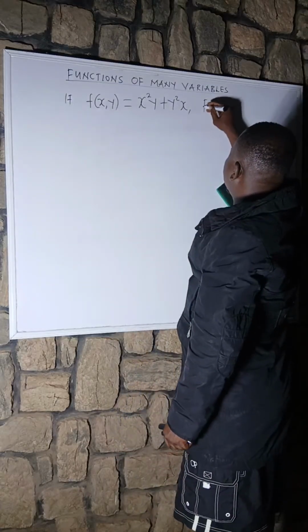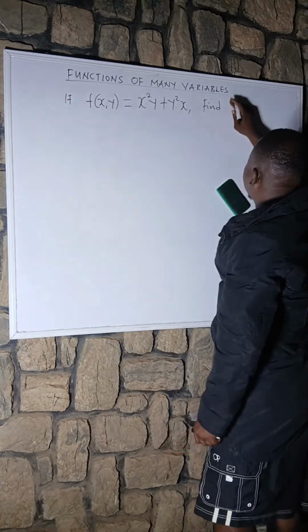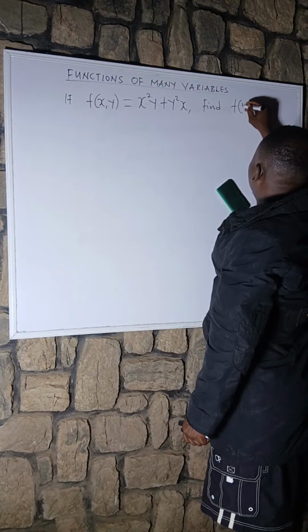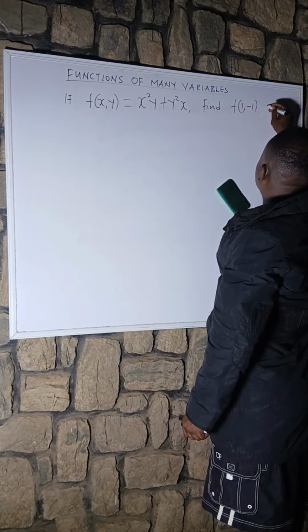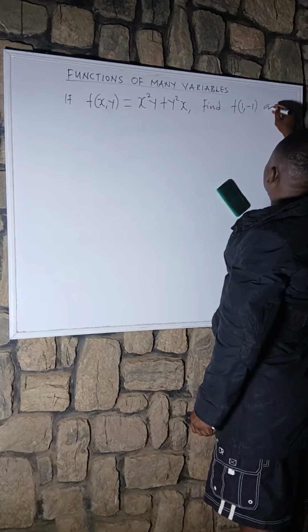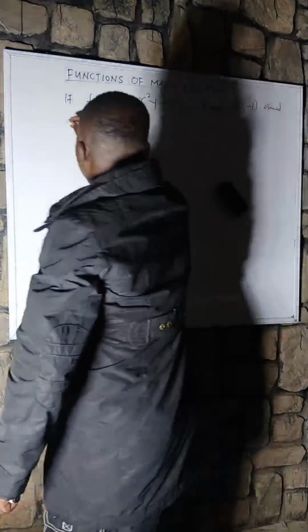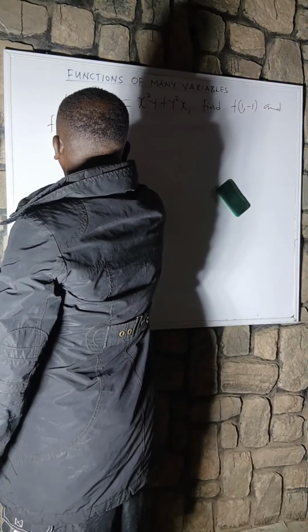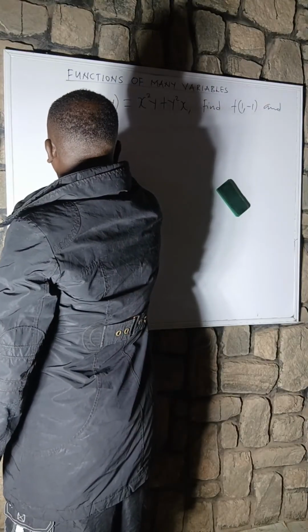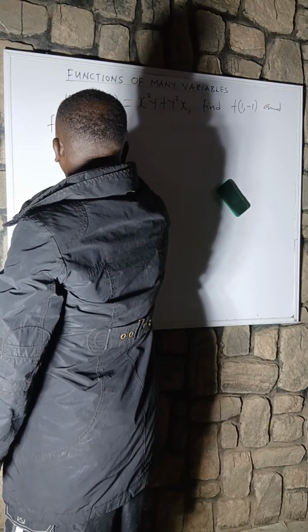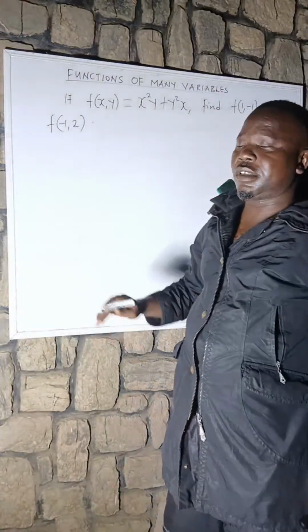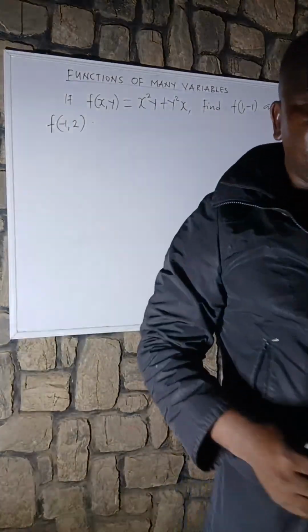Then we say find f of 1 comma minus 1 and f of minus 1 comma 2. Have you come across something like this? Look at the board.